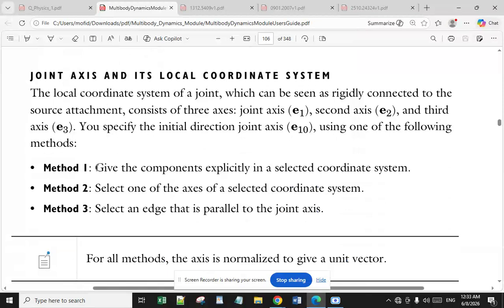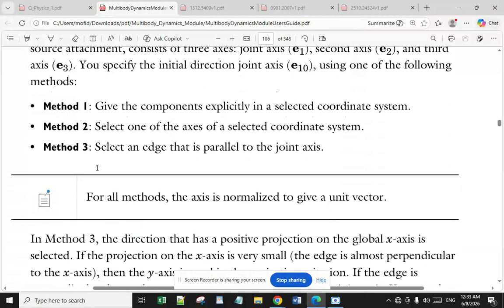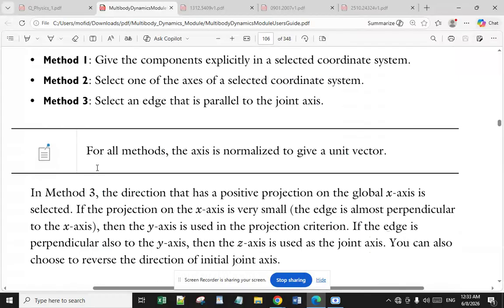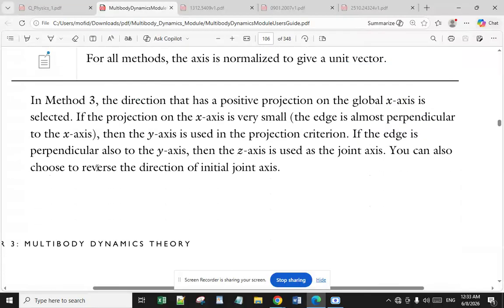To specify the initial direction of the joint axis e10, use one of the following methods. Method 1, give the components explicitly in a selected coordinate system. Method 2, select one of the axes of a selected coordinate system. Method 3, select an edge that is parallel to the joint axis. For all methods, the axis is normalized to give a unit vector.